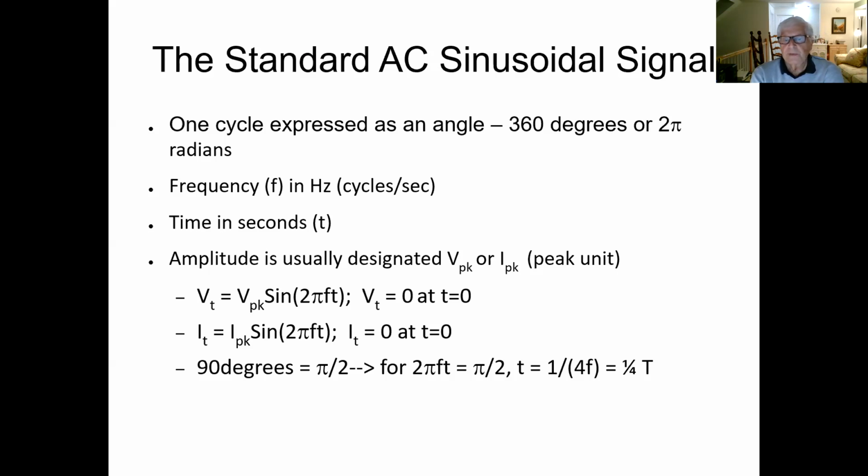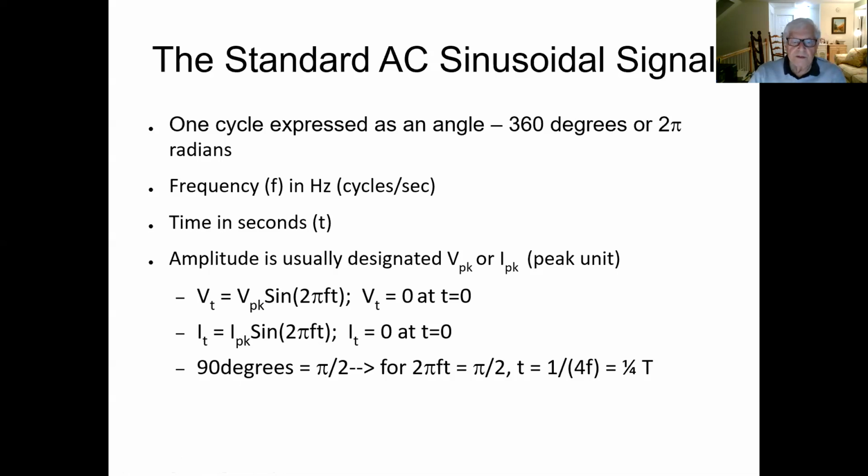Amplitude is given by a peak value normally, or we can also use RMS value if you want, but V peak or I peak. And then we have voltage as a sinusoidal function or current as a sinusoidal function. And we also know that 90 degrees is equivalent to pi over 2 radians.